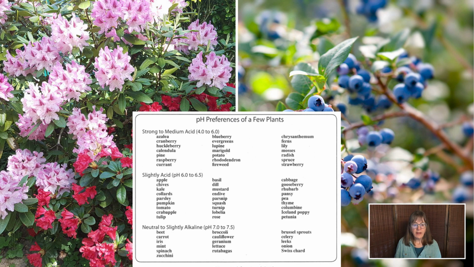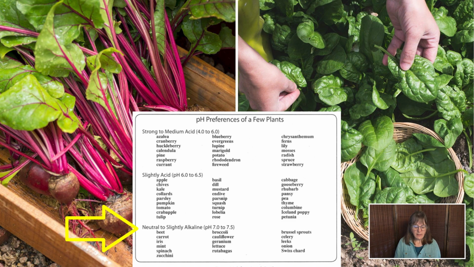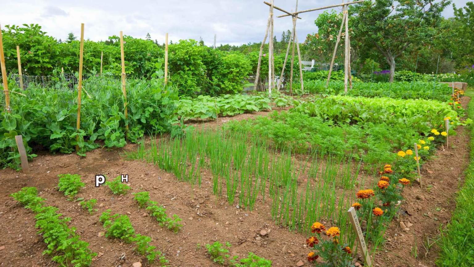For example, acid-loving plants such as rhododendrons and blueberries prefer acidic soil, a pH between 4 and 6, while other plants like beets and spinach thrive in neutral to slightly alkaline or sweet soil, say from a pH of 7 to 7.5.